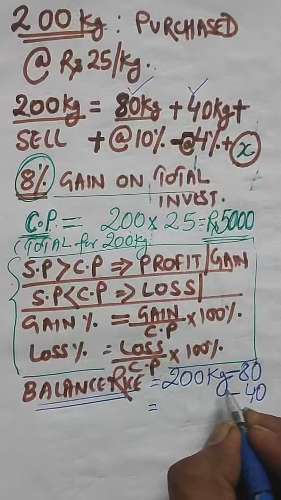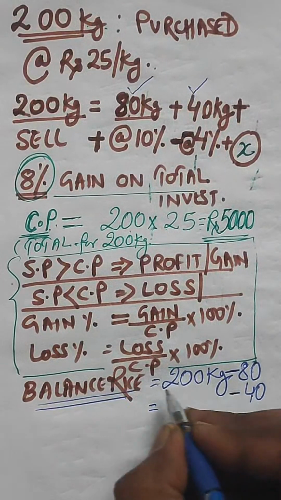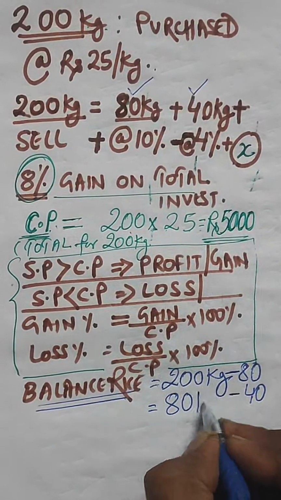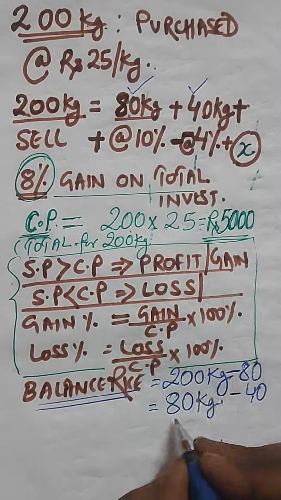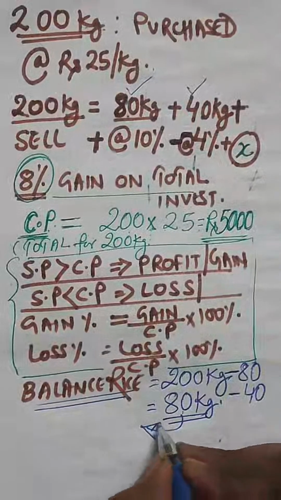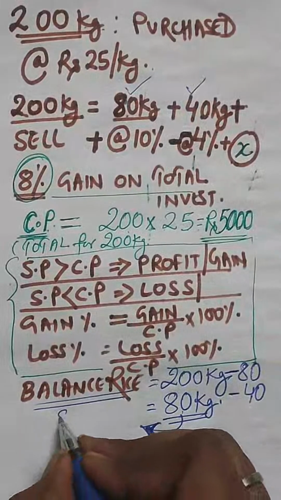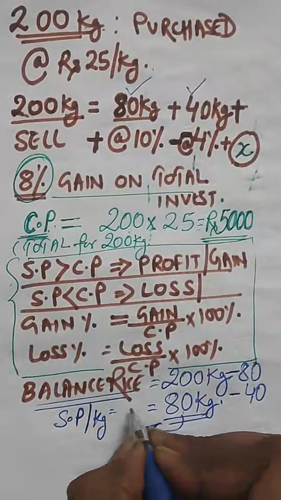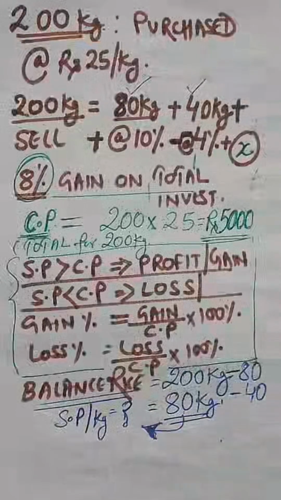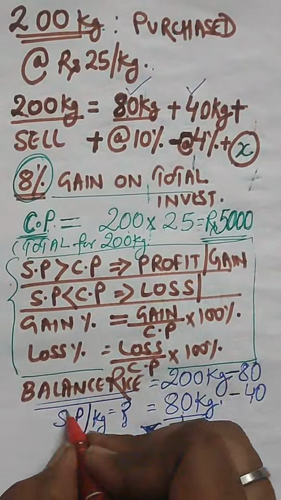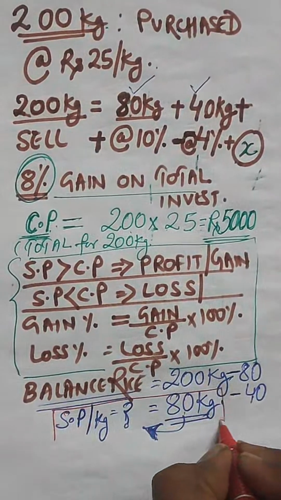So this will give you 80, 40, 120. 120, when subtracted from 200, you will have 80 kg. So it has been asked, for this 80 kg of the remaining rice, what is the sale price per kg? This is the question. Okay, this we need to calculate.